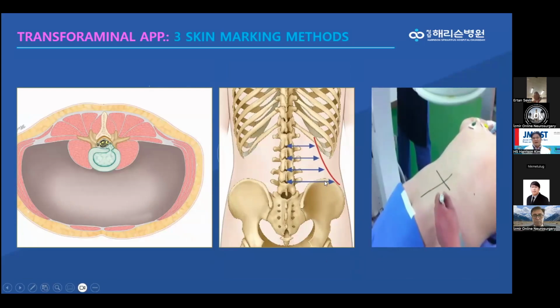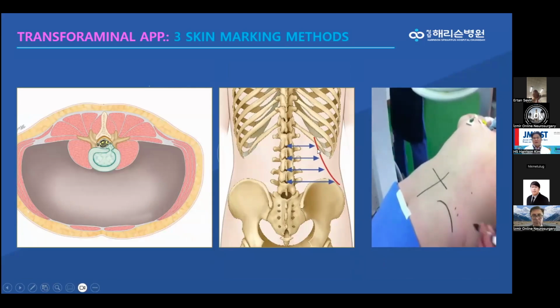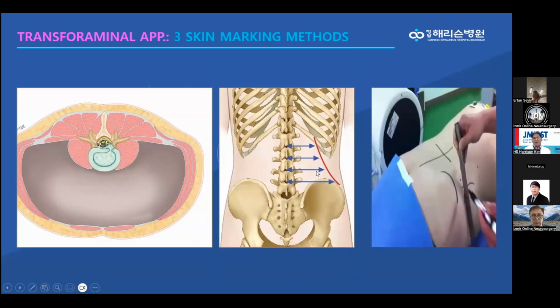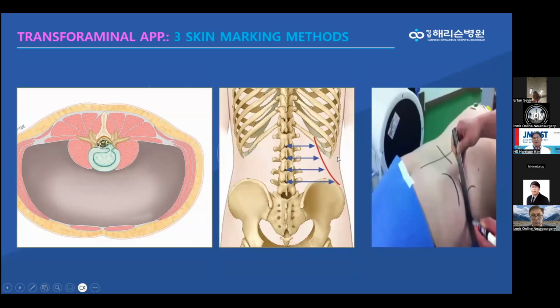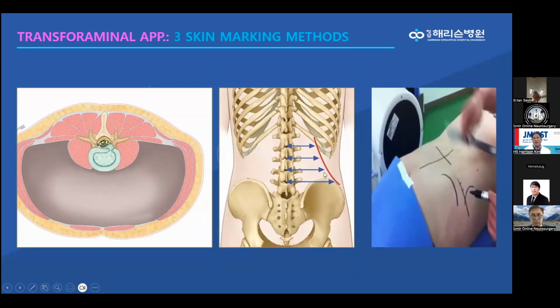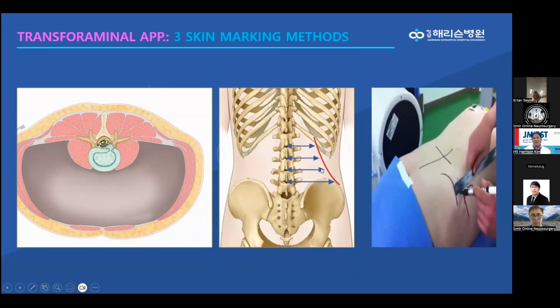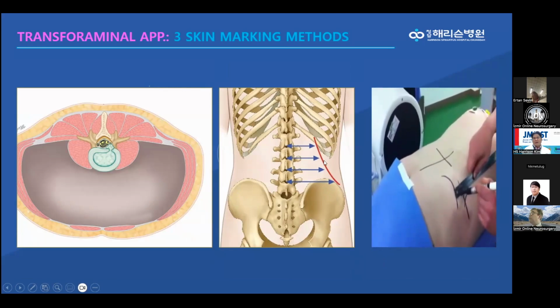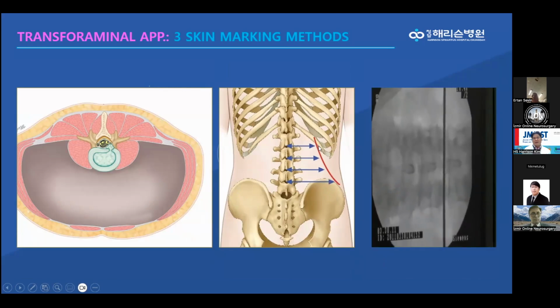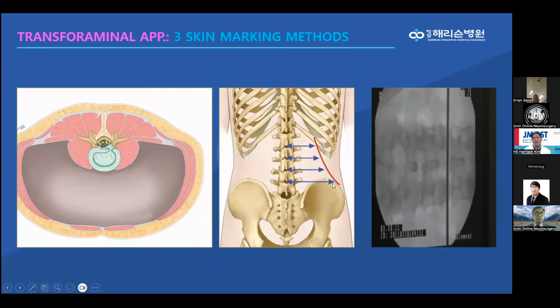Basically, I check the lateral border of the iliac crest and draw the oblique line. This line means the boundary between the back muscle and the abdominal muscle. Then I always incise about 1 centimeter medial to this oblique line.